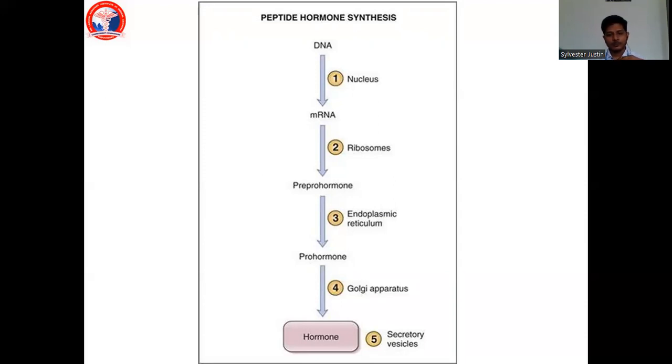Then they enter the ribosome, and the protein called pre-prohormone is secreted. And then they go to the endoplasmic reticulum, where they are subjected to cutting and splicing, and we get prohormone. Then they go to Golgi apparatus, where they further undergo changes, and from there we get the mature hormone, which are stored in secretory vesicles, waiting for the stimulus for them to be secreted.